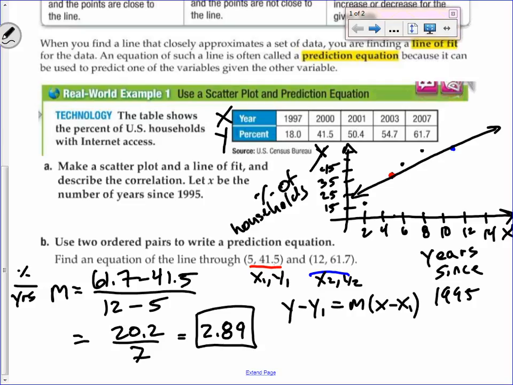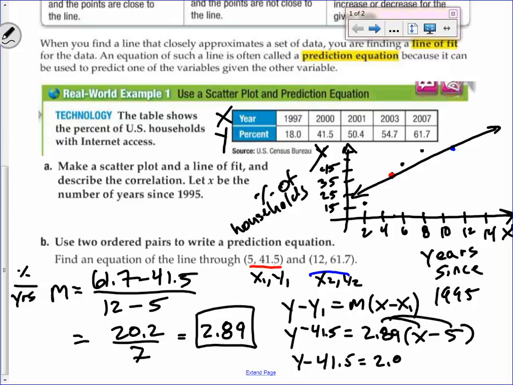All right, so y minus, we're going to use the same y1, 41.5, is equal to our slope, 2.89 times x minus 5. Okay, we have to do a little bit of distribution here. 2.89x minus 5 times 2.89, which is 14.45.